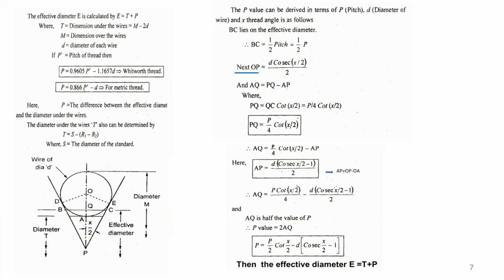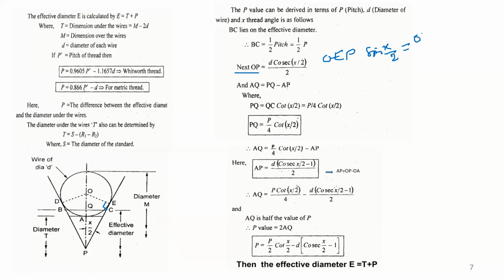Next, what is OP? So this is the triangle OEP. From the triangle OEP, so this angle is x by 2. This is 90 degree. From the triangle OEP, what is sine x by 2?